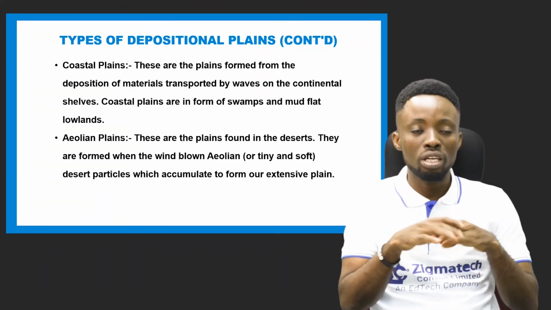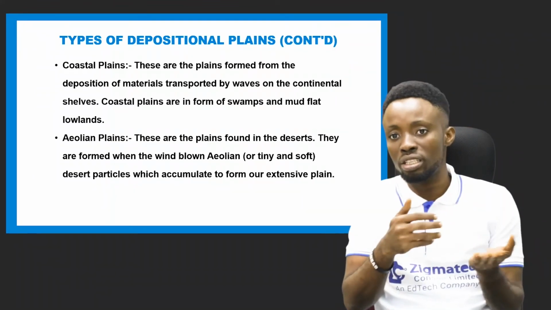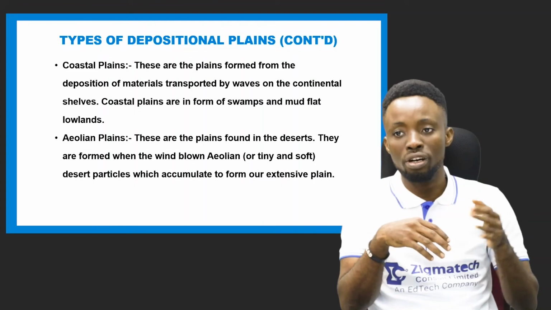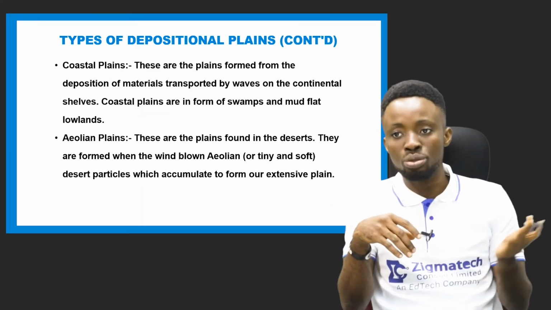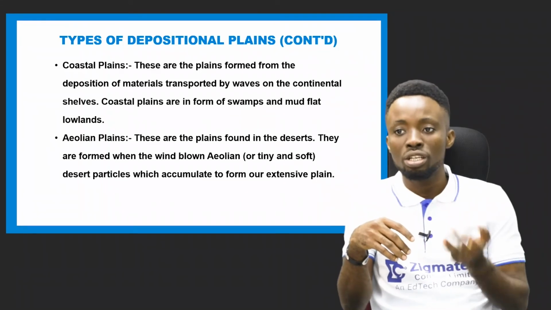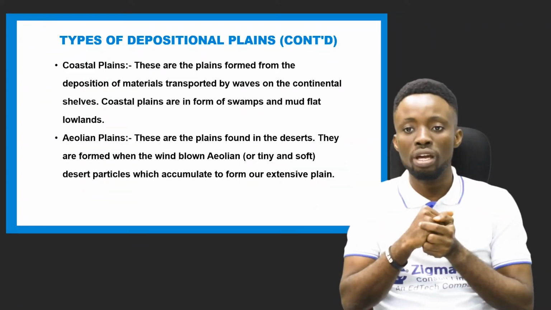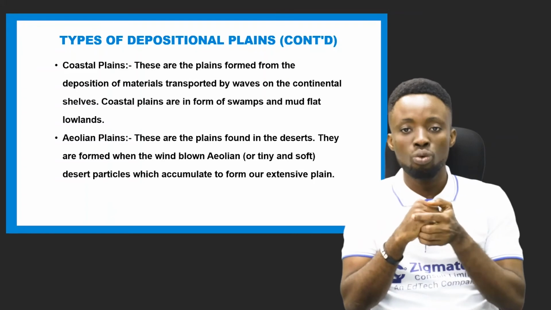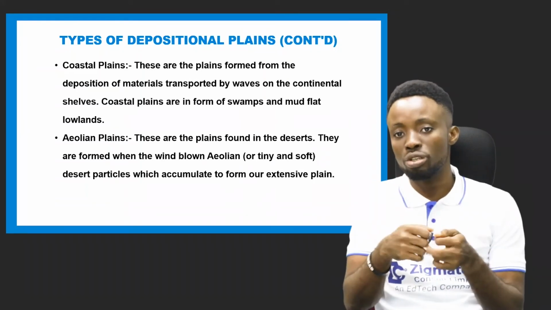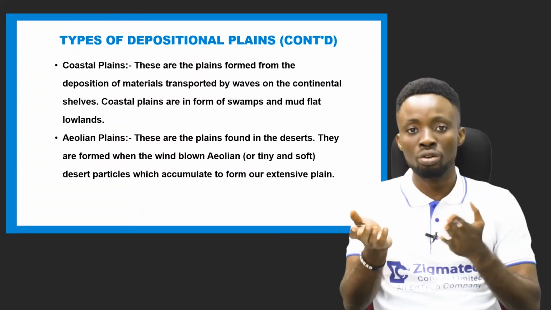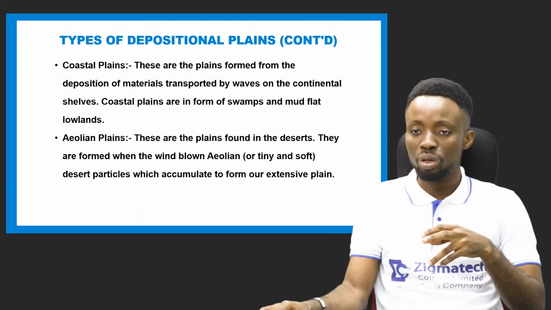Then for the aeolian plain, that one is seen in the desert, where we have the wind blowing particles, and these particles are deposited somewhere else. So when the wind blows these particles, the accumulation is seen as an aeolian type of plain.